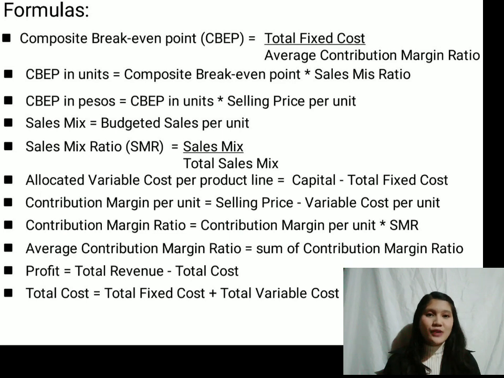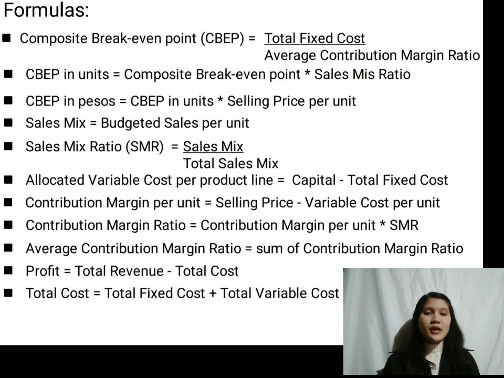Then we have the allocated variable cost per product line, which can be gotten by subtracting total fixed costs from capital. Then contribution margin per unit is equal to selling price minus variable cost per unit.